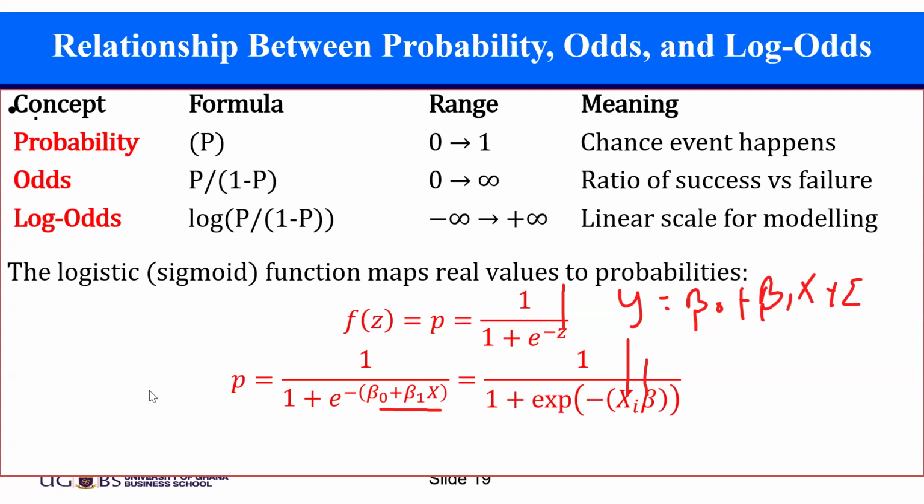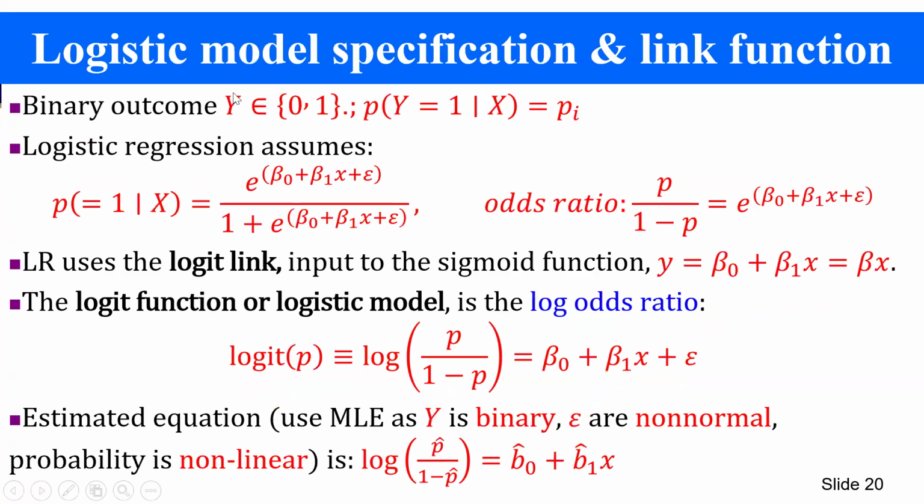So we know that the dependent variable y is binary, either 0 or 1, where 0 here is not diseased and 1 is diseased. So the probability that a patient is diseased, given all the other independent factors, is the probability. The logistic function assumes what you see on the screen.